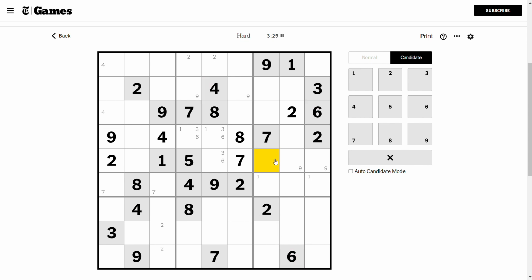The digit 6 in block 6 is forced into one of these two cells. And the 4 in block 8 is forced into one of these two cells.